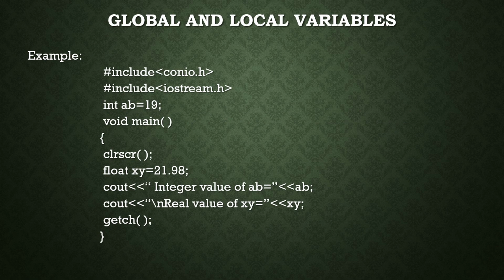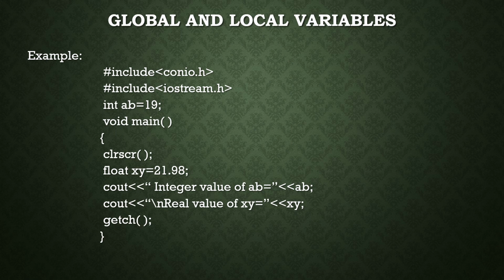So here is the example. I have written one program: hash include conio.h, hash include iostream.h. Then I have declared and initialized one variable, the ab variable: int ab equals 19, the assignment operator assigning 19 to ab, an integer type variable.